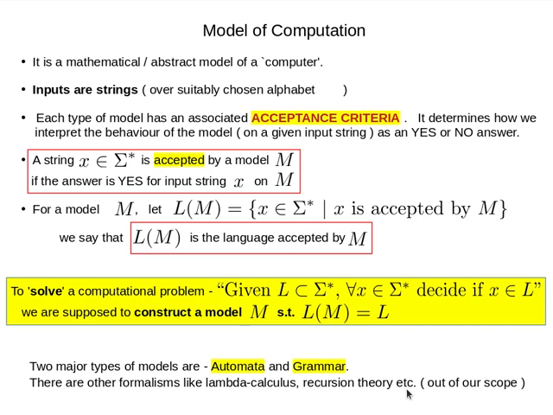In fact, we will also show some equivalence. It was shown that these models, lambda calculus and recursion theory, are equivalent to a kind of automata called a Turing machine.